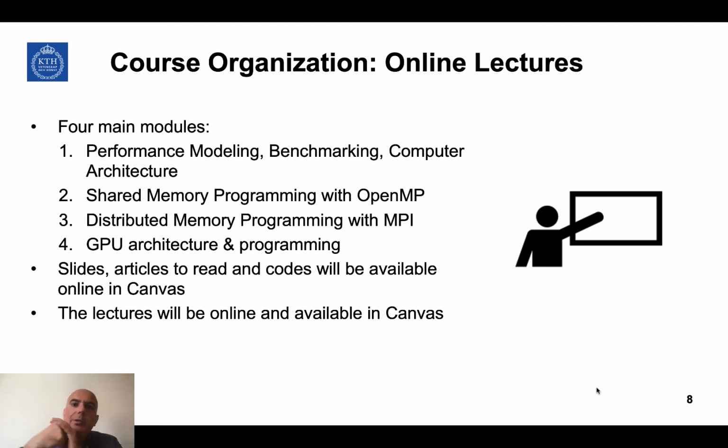The second module is how to program shared memory systems, where the shared memory system might be your laptop that is multi-core, so it has multiple cores in the processor and share memory. But also it can be the node of a supercomputer, right?